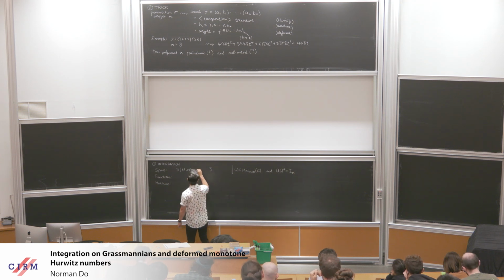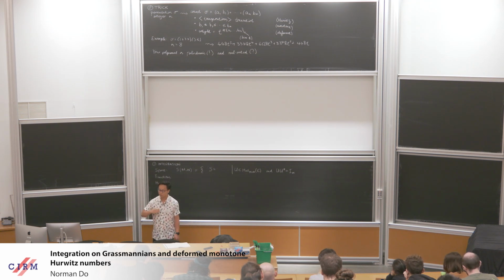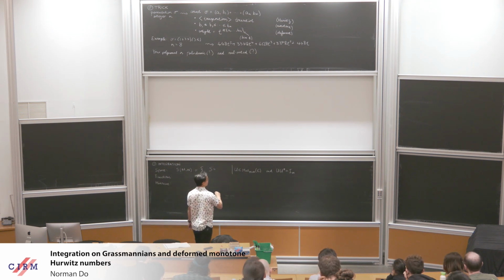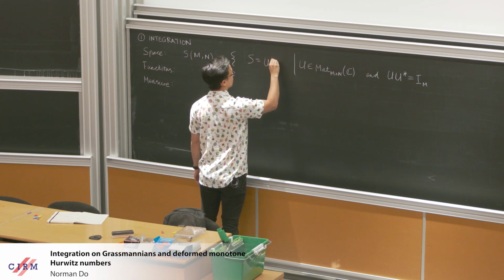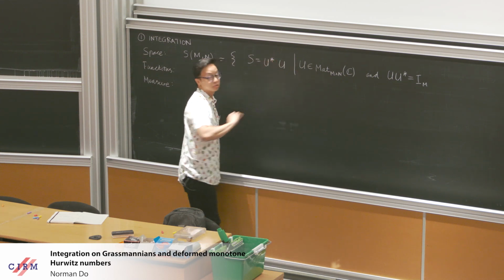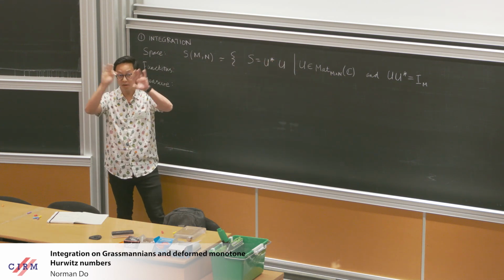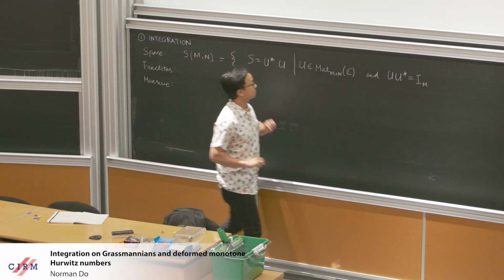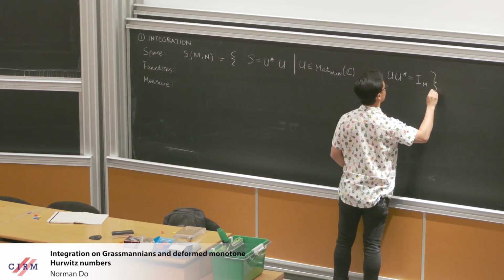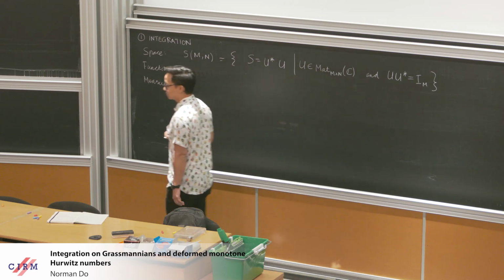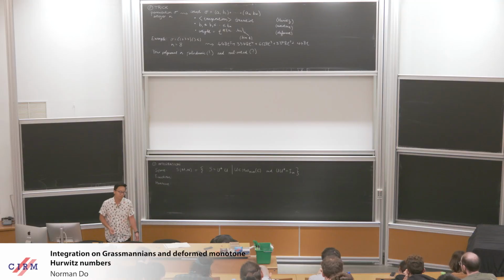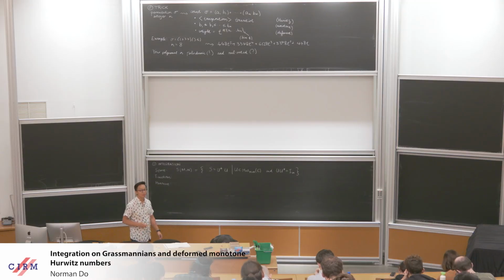And my S here is what happens when you multiply U and U star, but the wrong way, so that the answer is an n by n matrix. Then you get all sorts of wacky matrices. They form a big space, and that's my space. You could ask the question, why? The answer is because I said so.